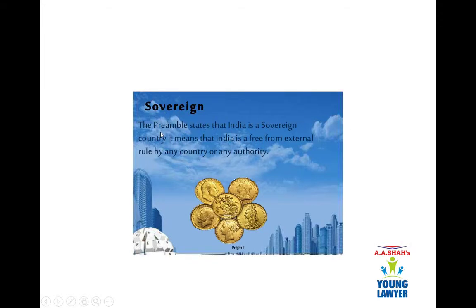This means that India is a sovereign nation, free from the influence or the rule of any other country. This does not mean that India cannot be a member of any international organization. If India is a member of an international organization such as the United Nations or the Commonwealth, it still remains a sovereign nation because it still makes its own rules and its own laws.